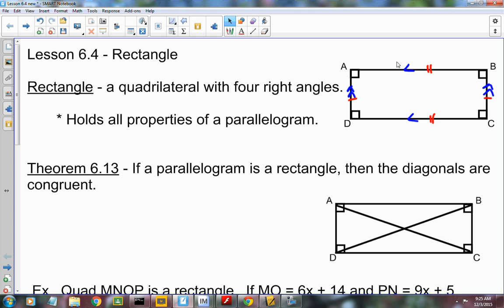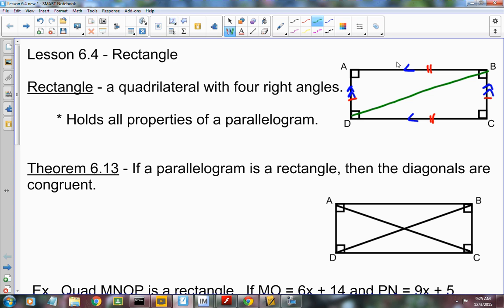What about your consecutive angles? They're supplementary. The consecutive ones are going to be right angles. What's true about the diagonals? One of them makes 2 congruent triangles, right? And in this case, it would be 2 congruent right triangles, right? If you drew a diagonal here, then those 2 triangles will be congruent right triangles.